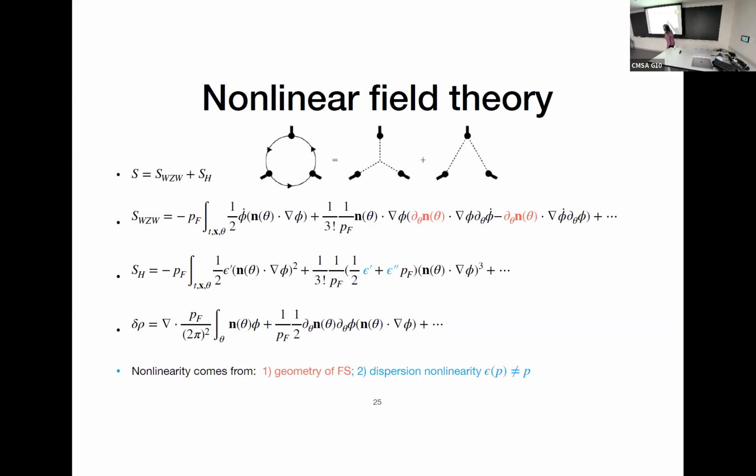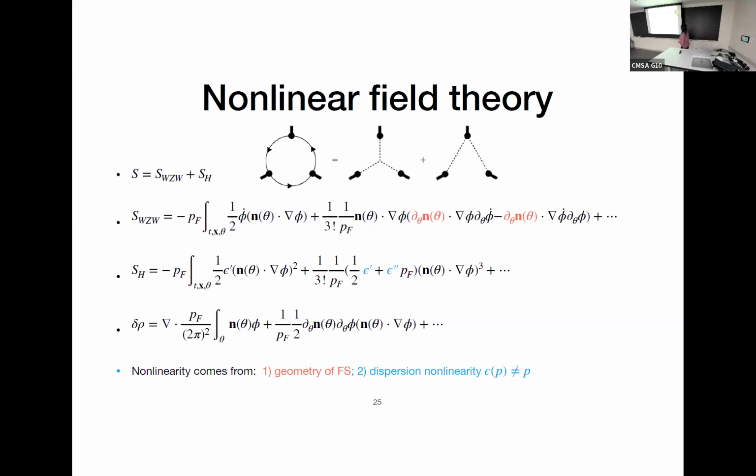And we also have this term here, where n_theta is the unit vector along the radial direction of the Fermi surface. And the derivative with respect to theta of this unit vector is actually related to the extrinsic curvature. And that's also one kind of term that I want to emphasize. You can see here, there's a derivative of theta of phi. So this tells us that actually the nearby bosons will talk to each other through this kind of term. Okay.